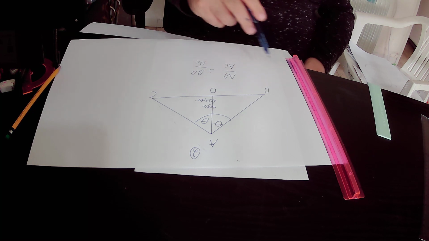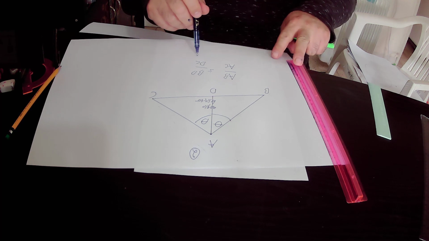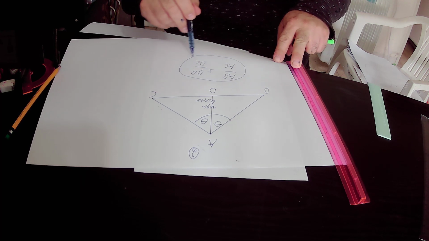So AB over AC equals BD over DC. Okay, this is the angle bisector theorem.